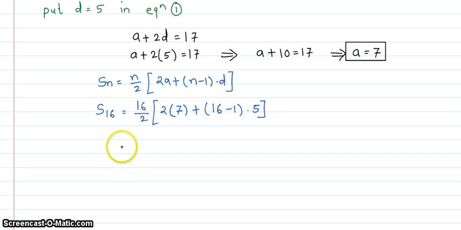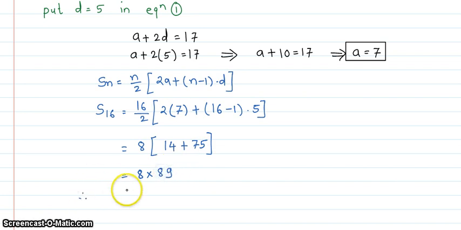Is it right? Okay. So 16 upon 2, it is 8 in bracket 14 plus, this is what? 15, 16 minus 1 is 15. 15 into 5, it is 75. So 8 into, what will be this? 89.